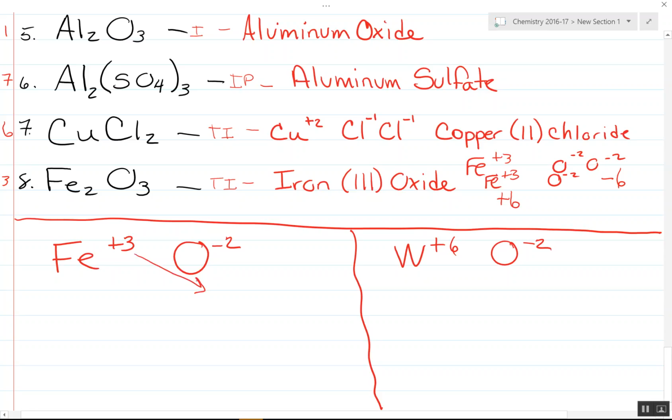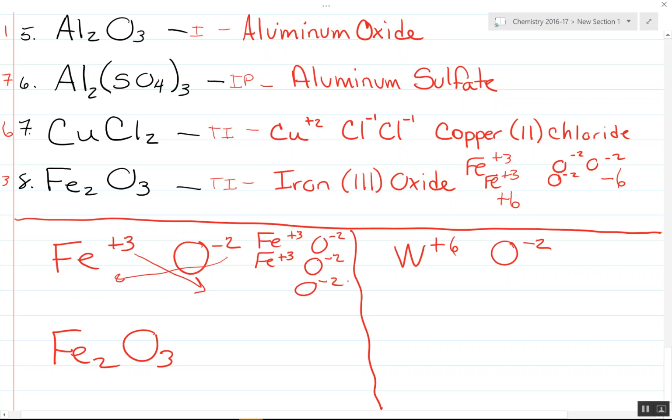The 3 goes down here, the 2 goes here. It becomes Fe2O3 because the common number we can get between these two is 6. So if I have 2 irons, I need 3 oxygens.